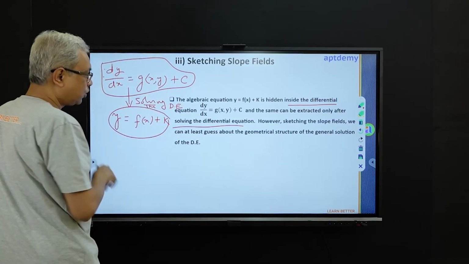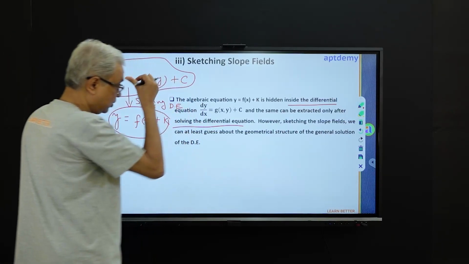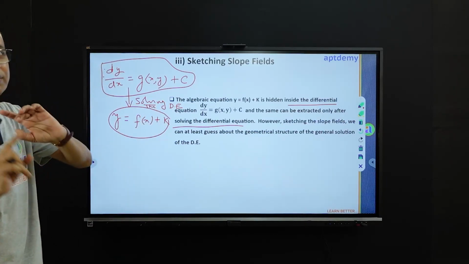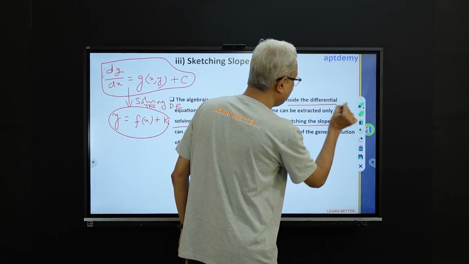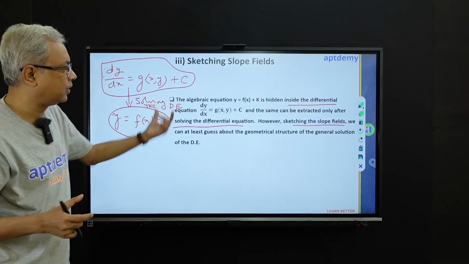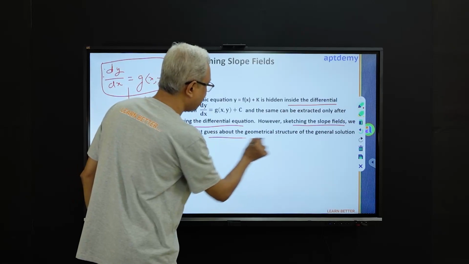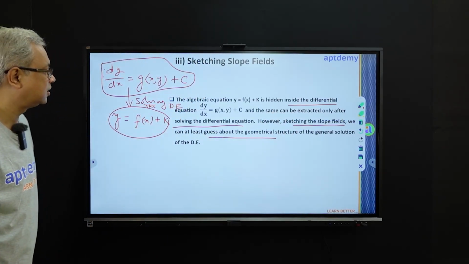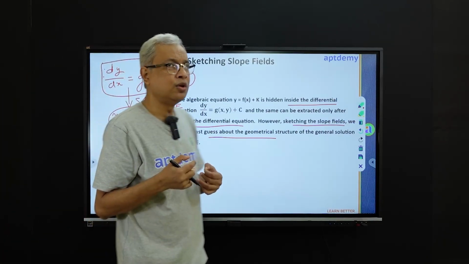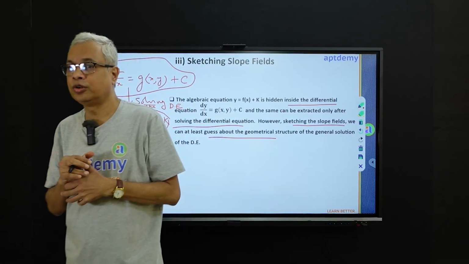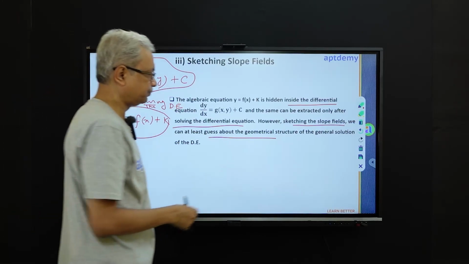But if it is a first order differential equation, if we can compute the values of dy/dx at different x, y points, and if you can plot them, if you can sketch the slope field of the differential equation, we can at least guess about the geometrical structure of the general solution of the differential equation. That is the advantage, and it gives you an insight about the solution of the differential equation.